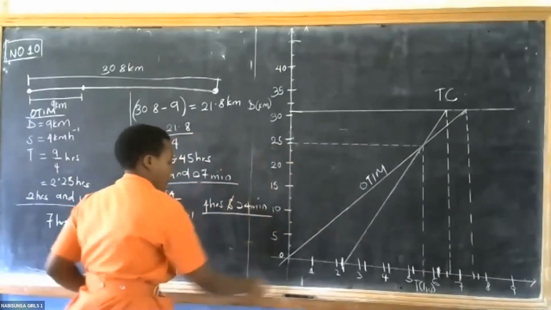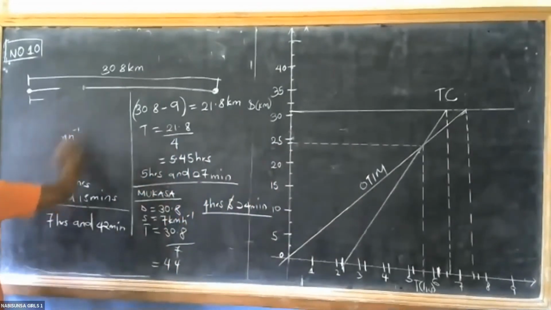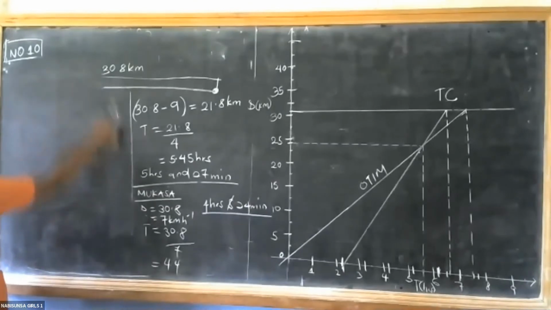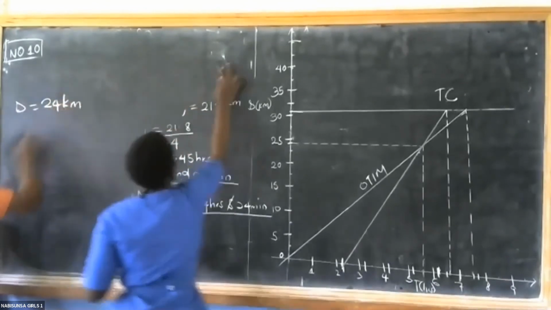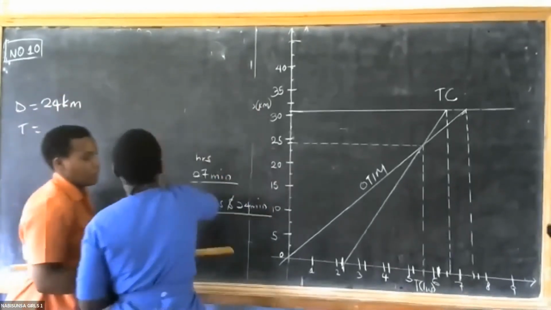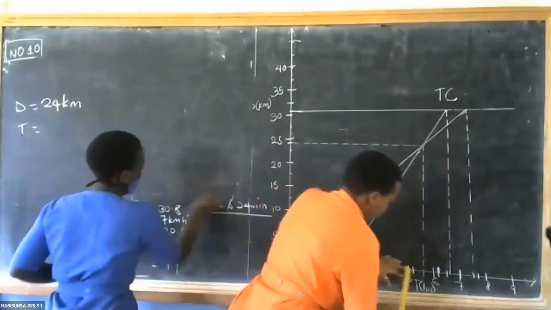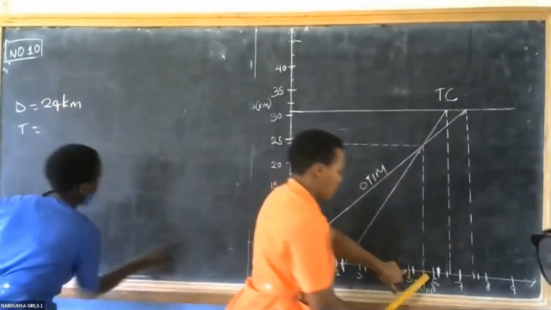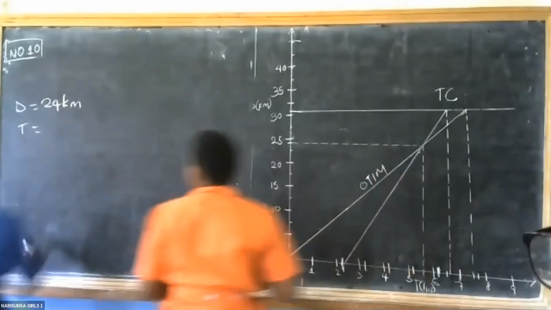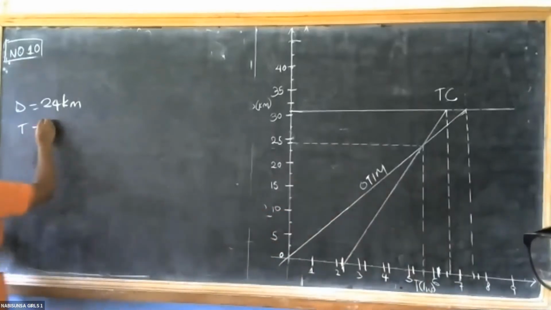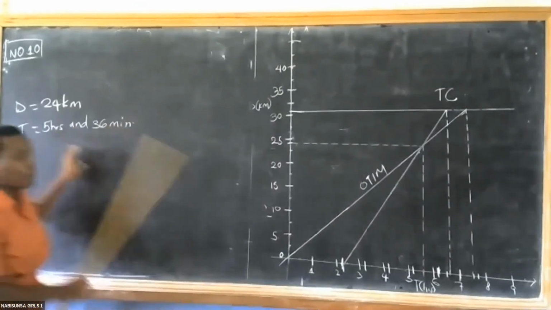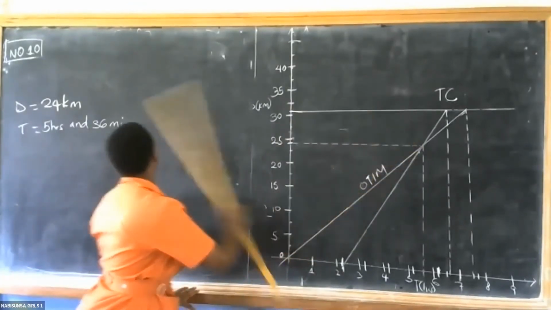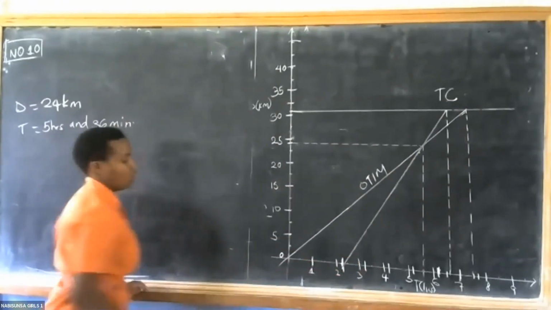So the distance is 24 kilometers, and the time is 5 hours and 36 minutes. So this is the time where Mukasa overtook Otim, and this is the distance.